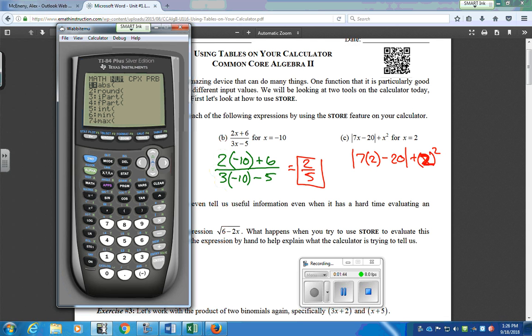Over to the right and pick ABS, absolute value. We got 7 parentheses 2 minus 20. Hit the arrow button to get out of the absolute value. And then we got a plus 2 squared, which ends up being 10. So again, more substitution in this assignment. You're just kind of plugging in values, what you get out.